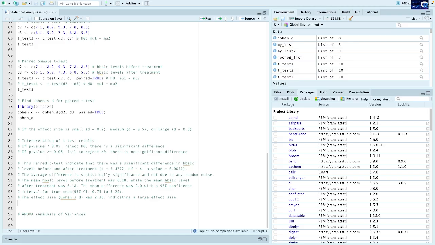What is regression analysis? Okay, to find the relationship of one dependent variable and two or more independent variables.